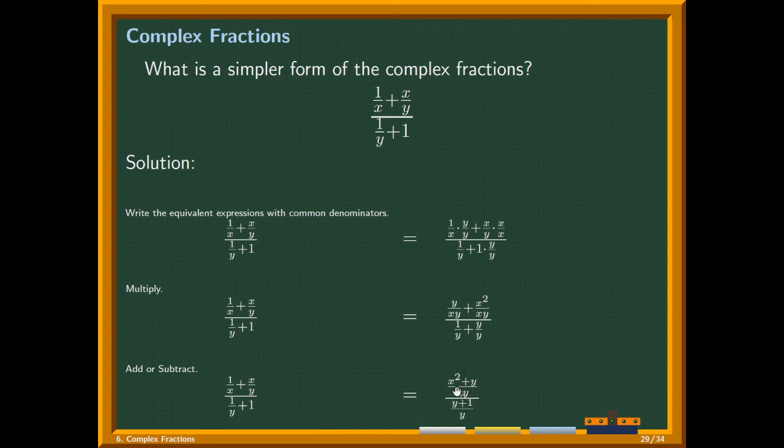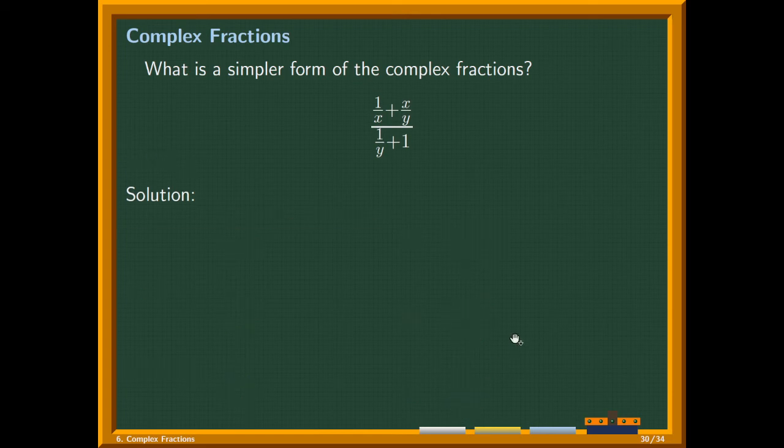Diba? X squared plus y all over xy. And then kini, ato gihapon isulat, no? But this time, pinahigda na. Horizontal na ang format. But we are now using this division symbol. So, therefore, kini siya, kining bar sign, ato na siya ipasulat o pinahigda, there is nothing more complex.